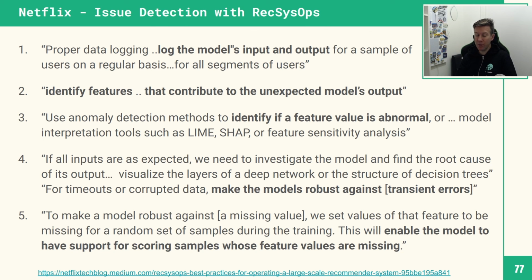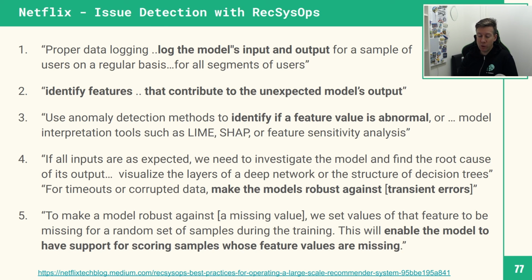Then you can potentially go back and look at that feature and maybe all the way back to your feature ingestion pipelines and find that, hang on, I need more validation there. You can also use anomaly detection methods to identify abnormal features. I mentioned this already. So you've got LIME and SHAP, and they can be used for feature importance. There's also feature sensitivity frameworks out there.